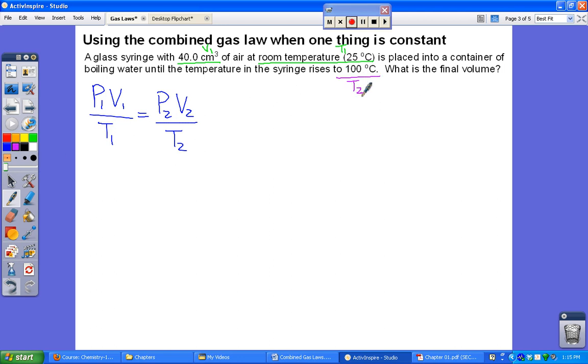What is the final volume? That would be V2. Now notice that nothing at all was said about pressure.